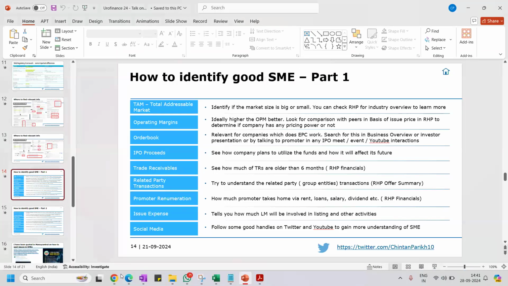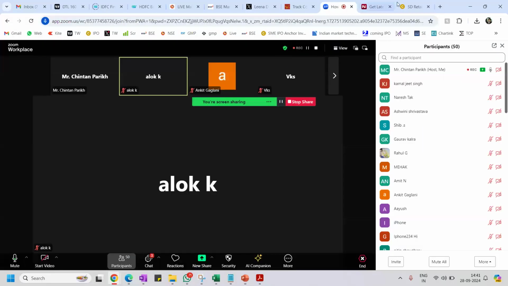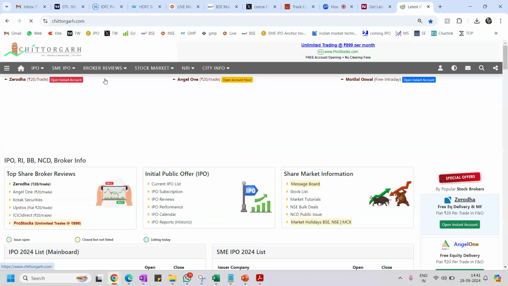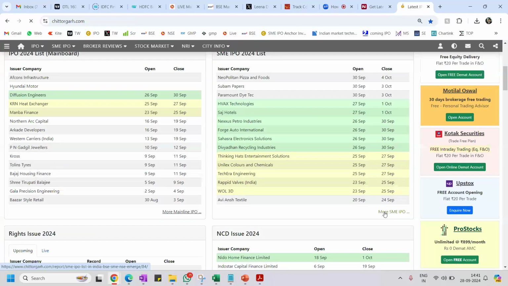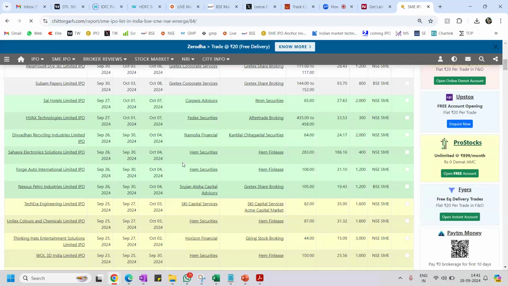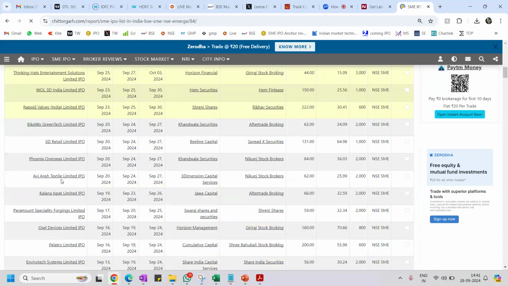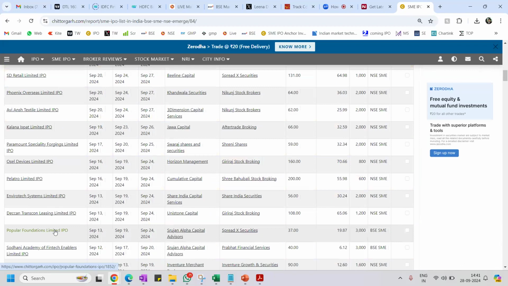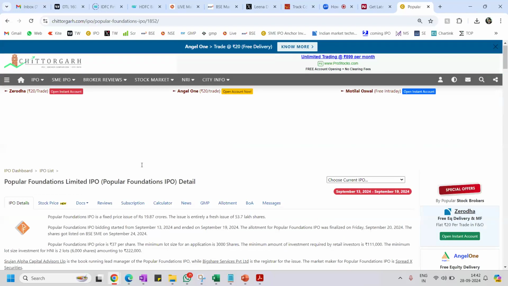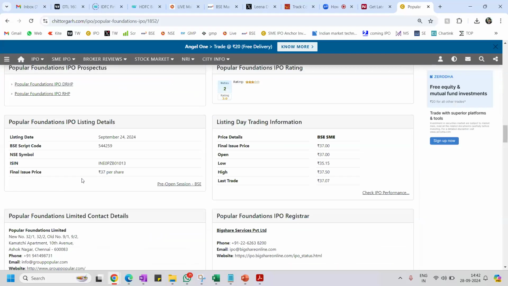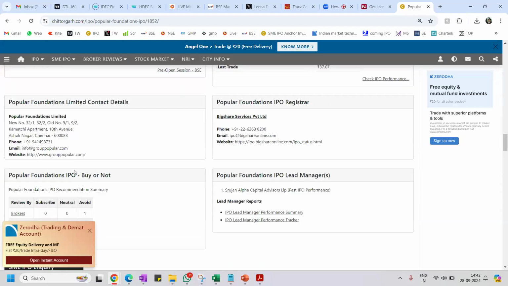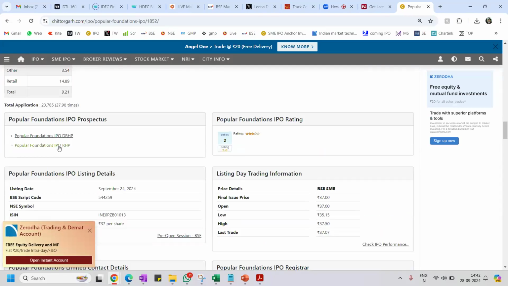Just to give you an example, I'll open an RHP of an EPC company which came recently. So just a moment. So for an example, Popular Fashion. This company is into construction, and it constructs various hospitals and college buildings and stuff like that.